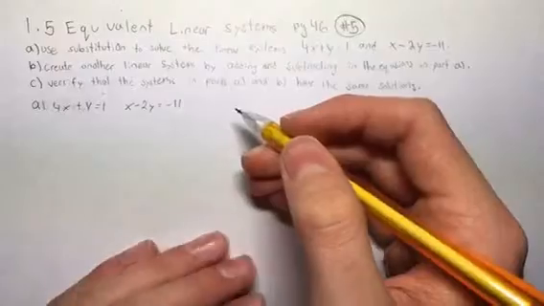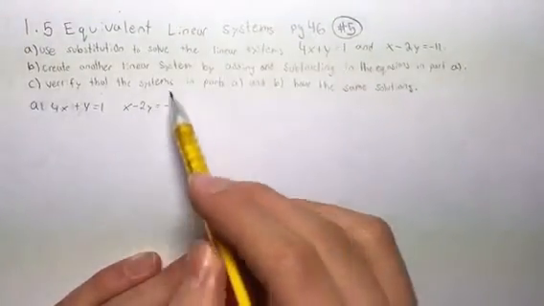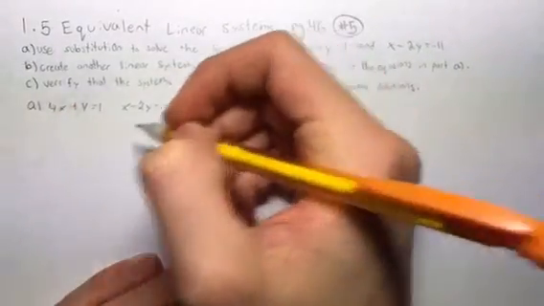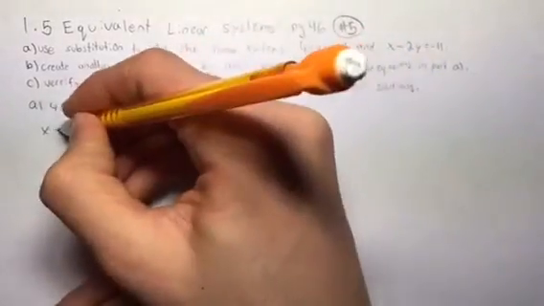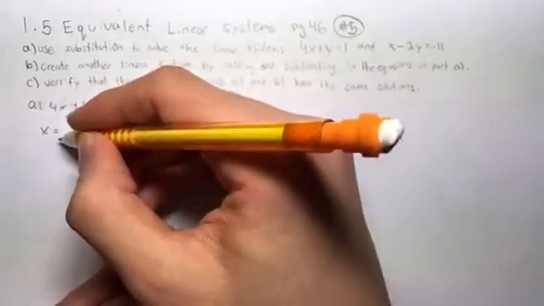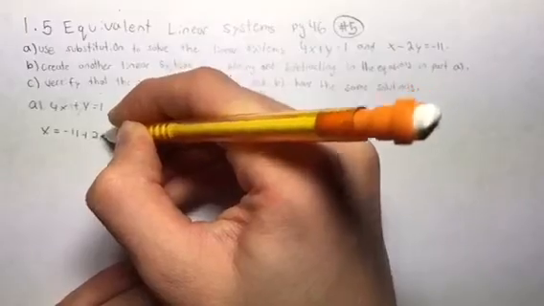So first, we're doing substitution, so I'm just going to start off with this equation right here. So we have to isolate the x. So x equals, because we want to isolate it, negative 11 plus 2y.